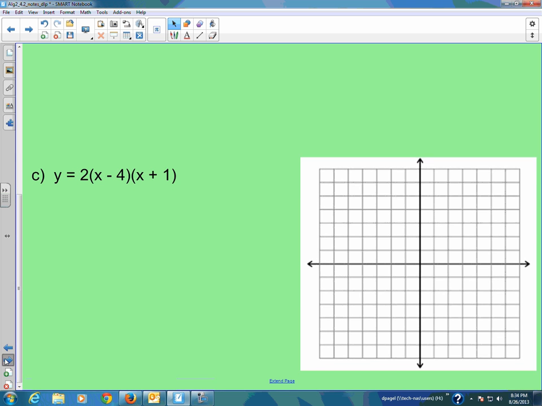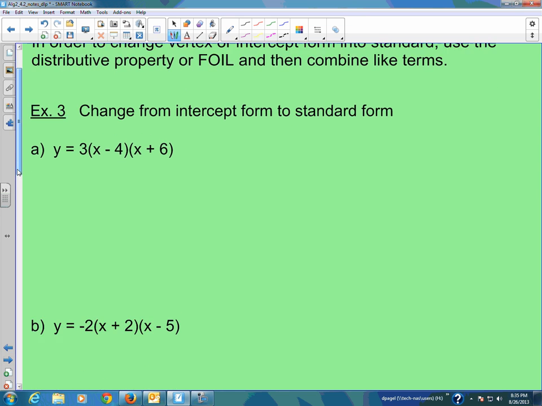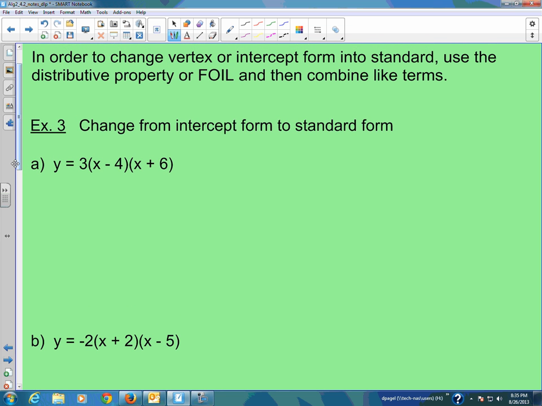I'm going to skip this one, and we're going to get to writing the standard form from vertex or intercept form. And this is where we think about distribution, expanding. So I hope that you're identifying the type of form that you see here.